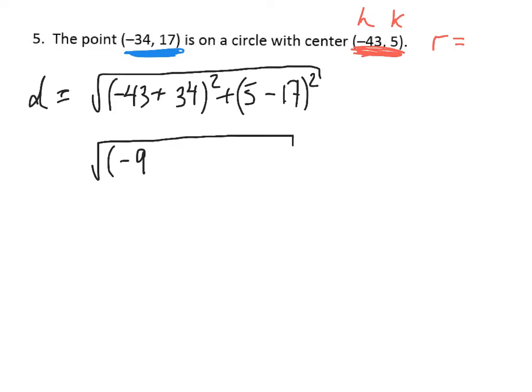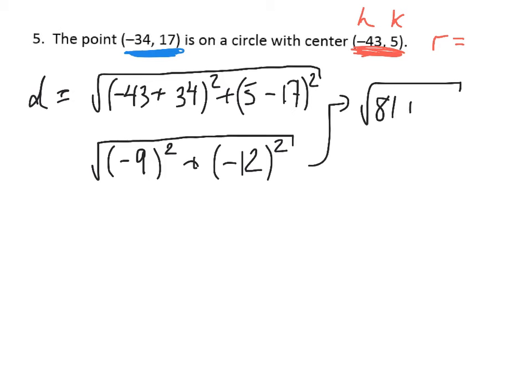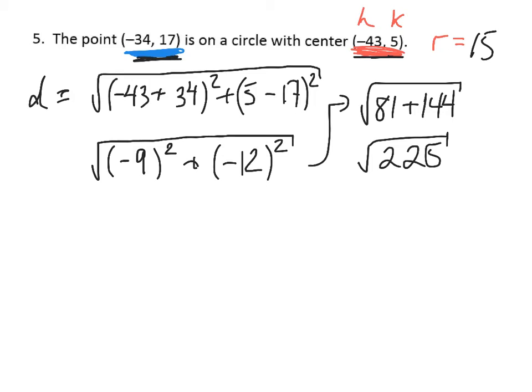So it looks like we end up with -9 squared plus -12 squared. Both of these are going to turn to positive, so we end up with 81 and 144, which gives me 225, which tells me that the radius is 15. So the distance from the center to that point on my circle is 15.